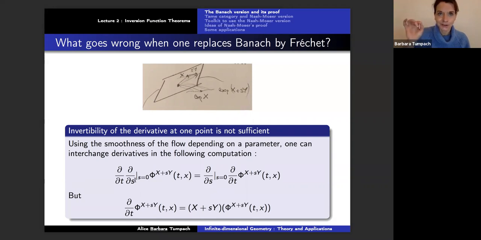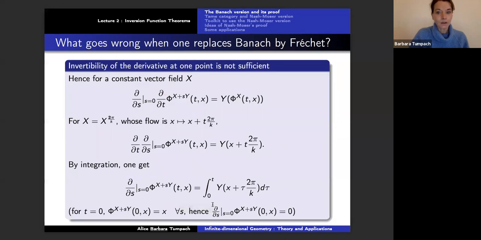We differentiate at s equal to 0, and we differentiate with respect to t. Now we flip the two differentiations, and by definition, phi is a flow, so we know the vector field is just x plus sy.